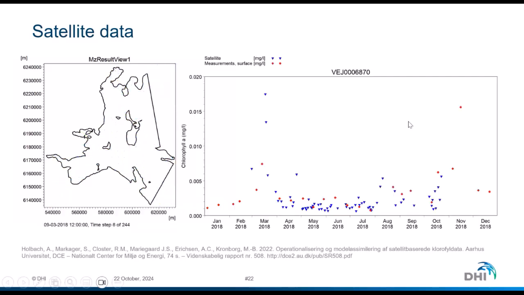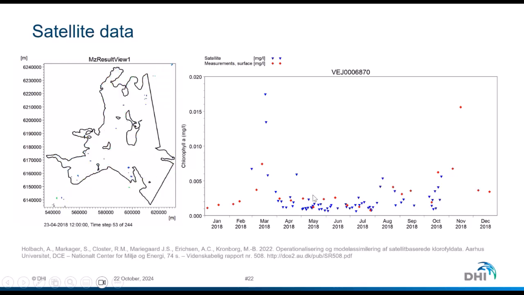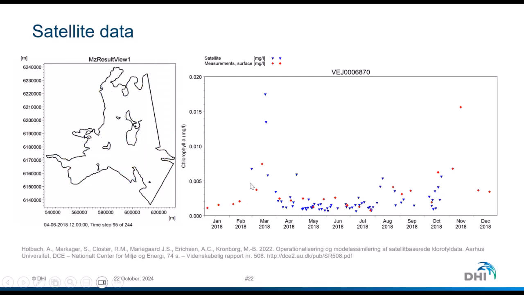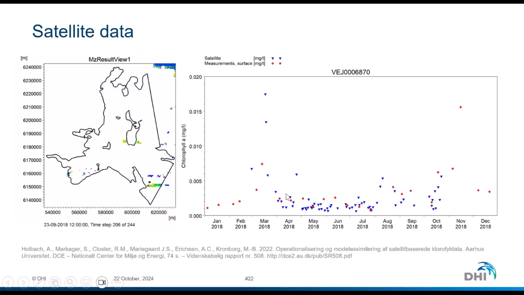If you look at the frequency of the data coverage, here the red triangles are the monitoring data of chlorophyll A, and the blue triangles are the satellite data, and we can see that the frequency of the satellite data is higher than the sampling at this station. We also see quite a good correspondence between the measurements and the satellite data. Further, the satellite data describe a higher concentration in the phytoplankton spring bloom than the monitoring data.